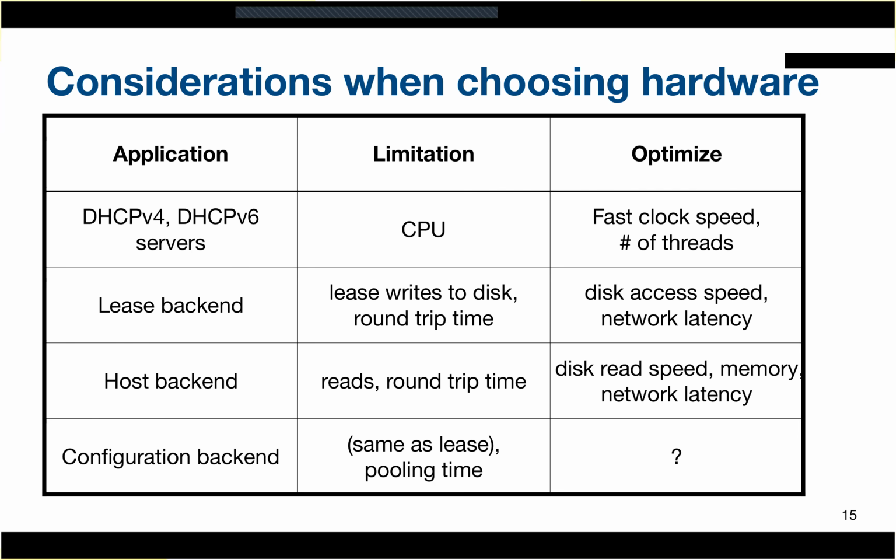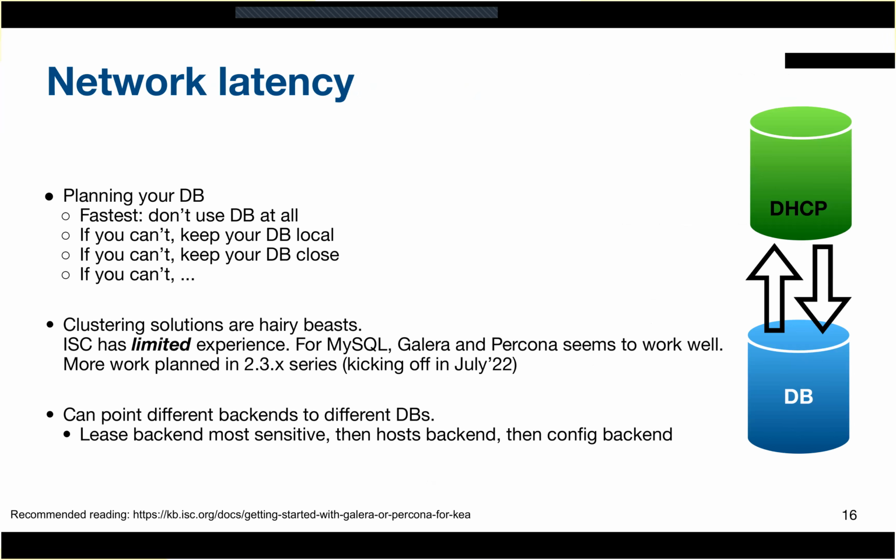But overall, the larger the value, the less time Kea will spend on pulling the configuration or looking for configuration changes. So you might want to play with this a little bit. Okay.